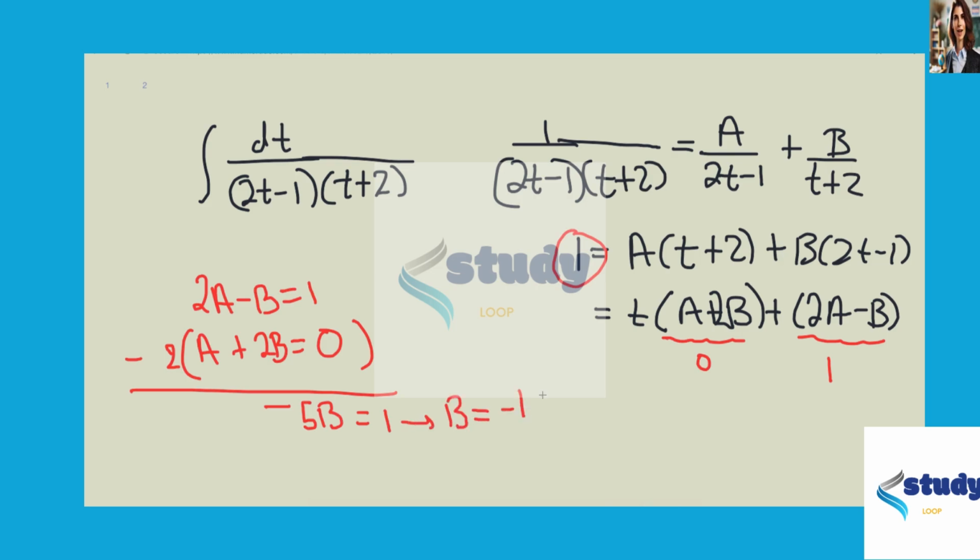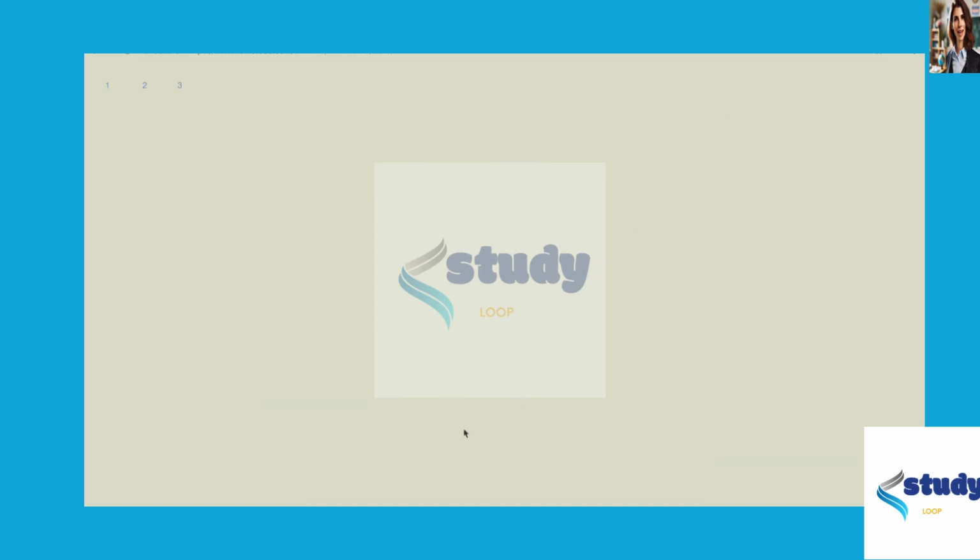So B is negative a fifth. And then here we know that A equals negative 2B. So A equals 2/5. So now that we have our values for A and B, let's go to the next page and write out that integral. A was 2 over 5. And then B was negative 1 over 5.